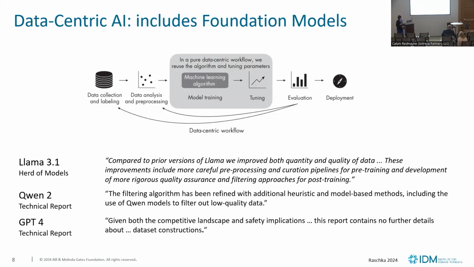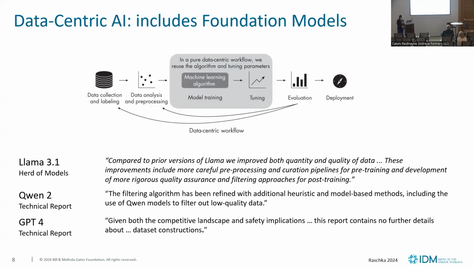Here's a few quotes from technical reports that have been put out recently. So Llama 3.1 we mentioned, using pre-processing and curation pipelines for data is a critical component to how they built out this model. Qwen 2, this is a model put out by Alibaba in July.